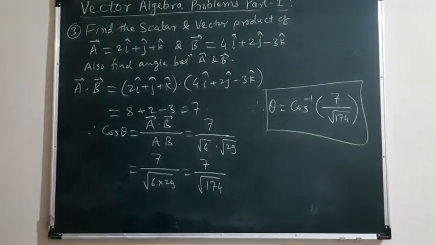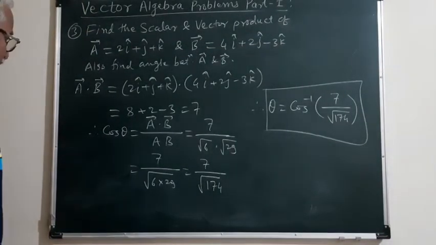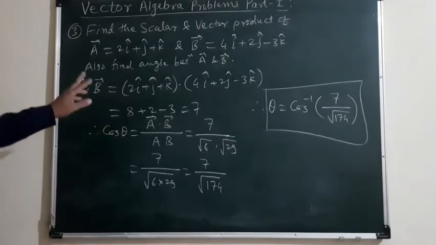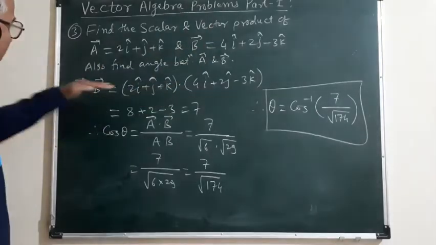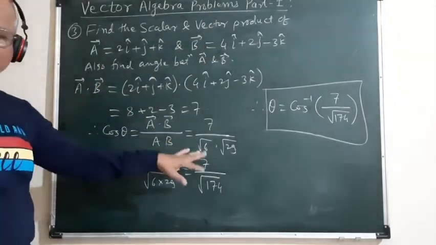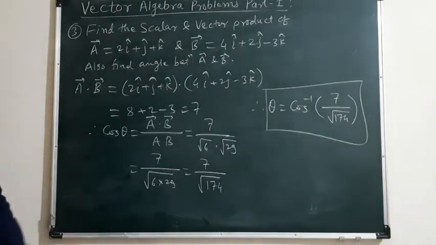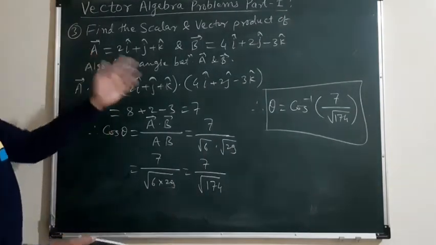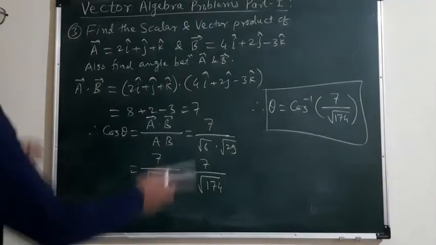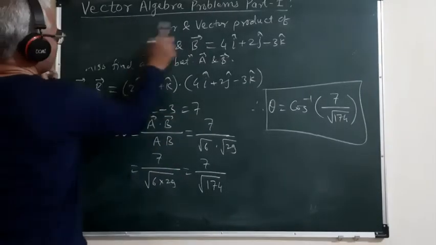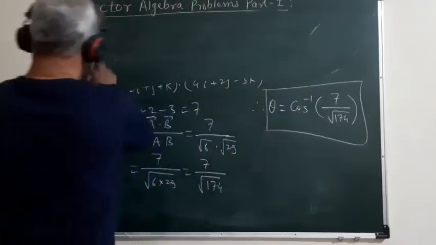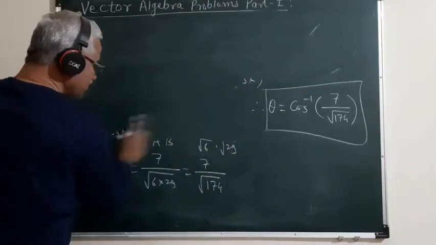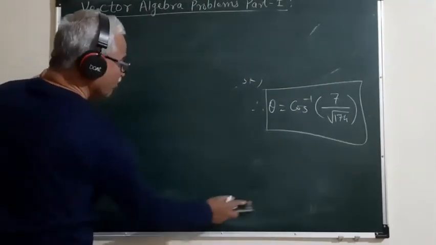That is how we can obtain the value of theta, the angle between the two given vectors, by evaluating the magnitudes of the two vectors and the dot product between them. So that is how we can find the scalar product, vector product and the angle theta between these two vectors A bar and B bar. So let us proceed to the next problem.